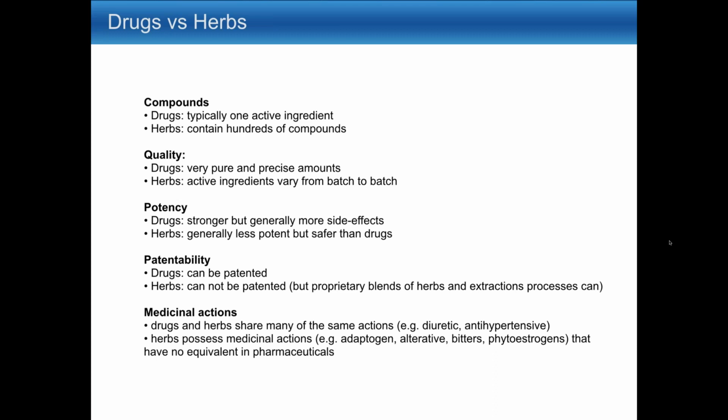So when it comes to quality, drugs are supposed to be pure, meaning they have like, let's say 99.9% of the active ingredient with minimal or no contaminants. They may have some binder and fillers in it as well, but generally speaking, the quality is very pure. Now, when it comes to herbs, sometimes researchers and doctors might refer to them as being dirty drugs.